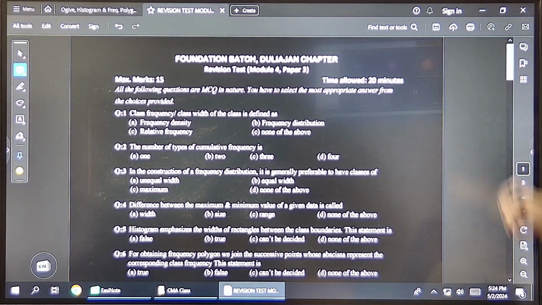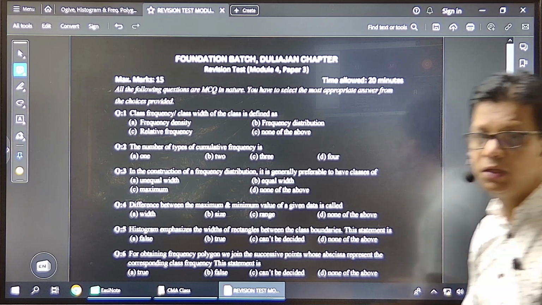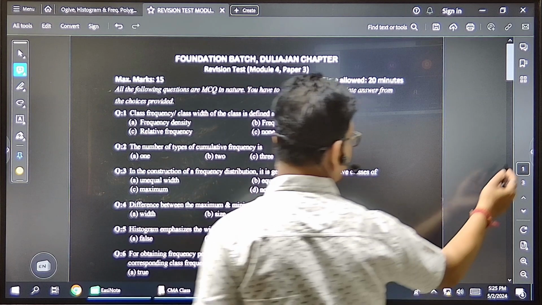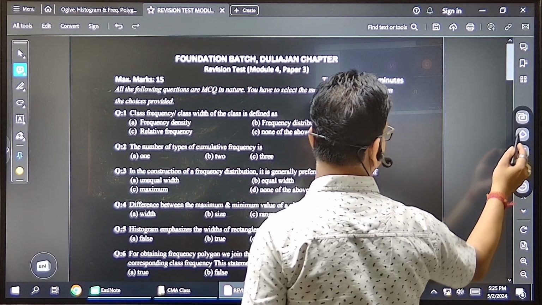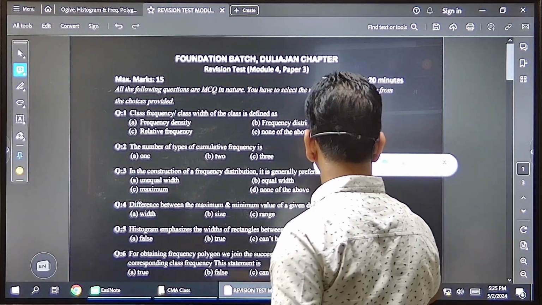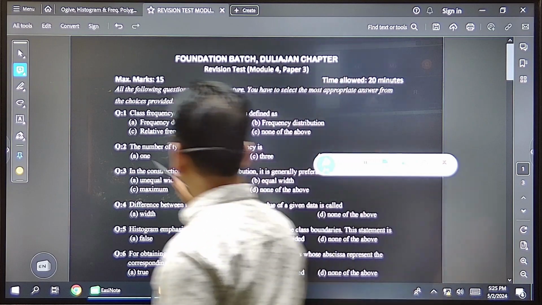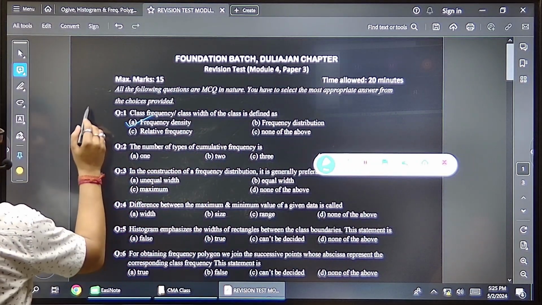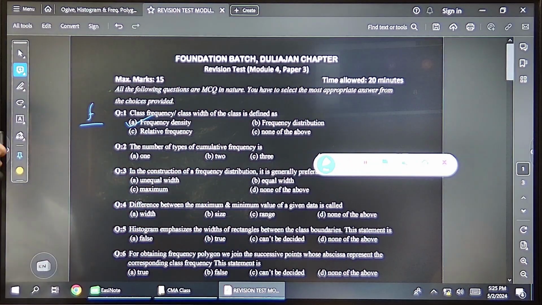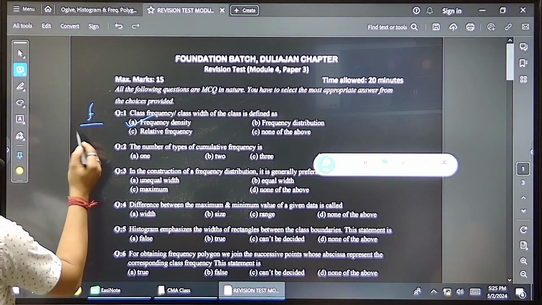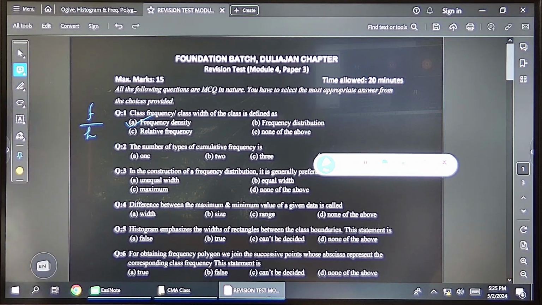Okay. The first one: class frequency by class width is called frequency density. We did this before. Note the PDF which I shared today. The class frequency f by class width size. I use h. Do you remember class width? So it is like that.